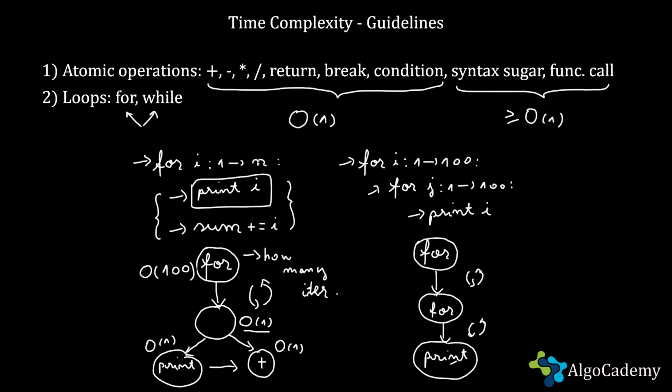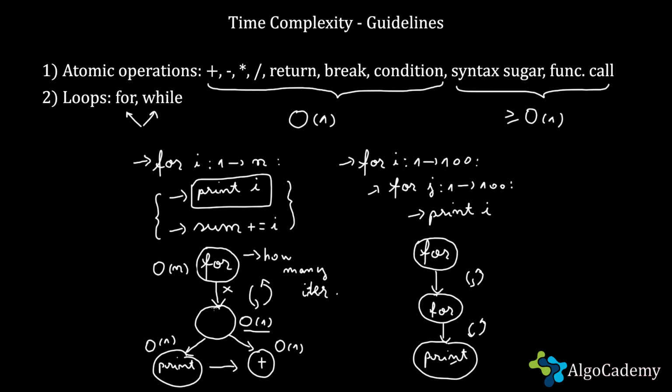So i goes from 1 to n, which is some integer given in a function or stuff like that. So instead of 100, this for loop makes n iterations, obviously. And for each of the iterations, it executes code that has constant time complexity. So we are going to multiply them together, right? So here it is the multiplication, and here we basically had the addition.